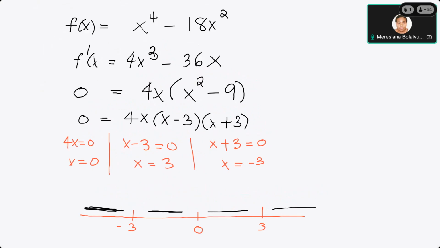We've done this earlier in question number 2, but we're going to use the same idea. You get a number that's less than minus 3. Take that number and substitute it into the derivative. Let's take, for instance, minus 5. Put the negative 5 into the derivative.